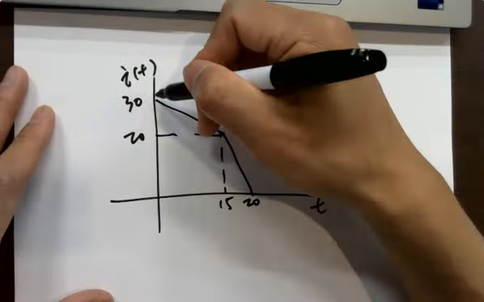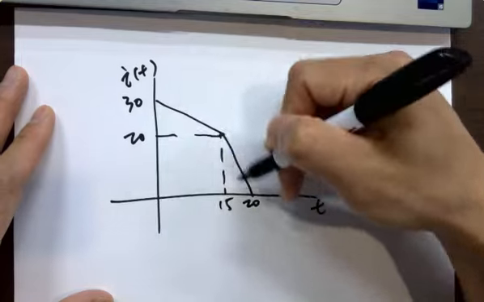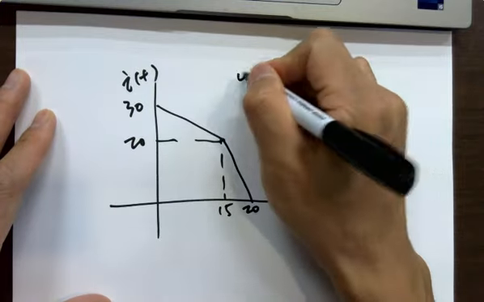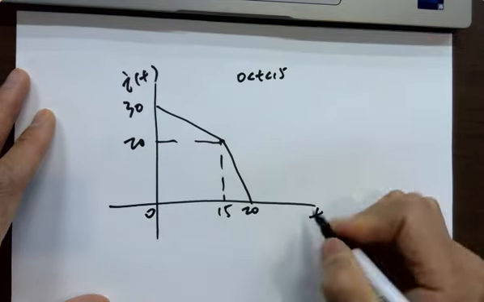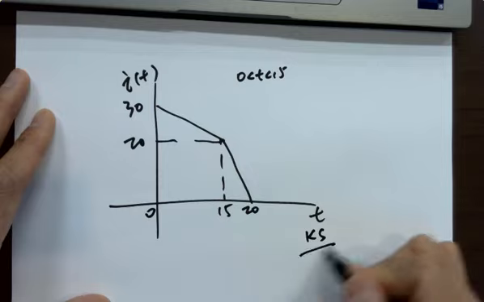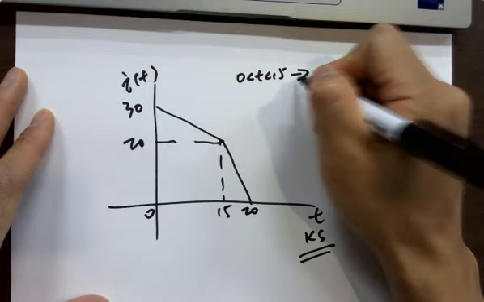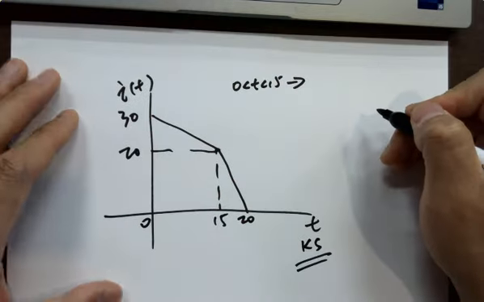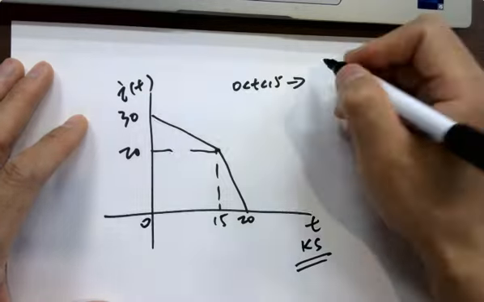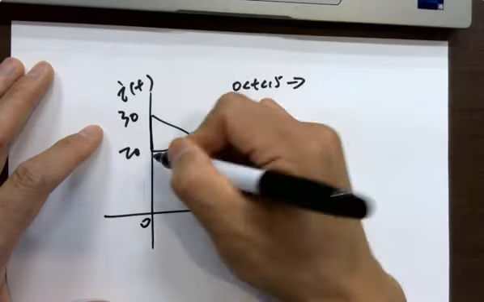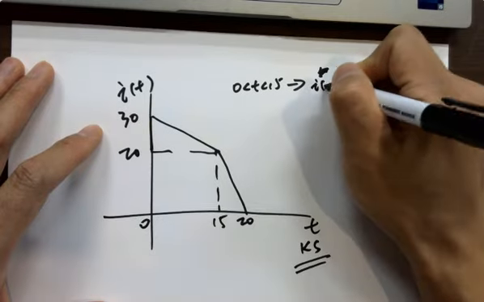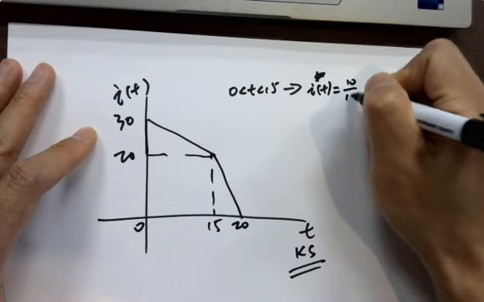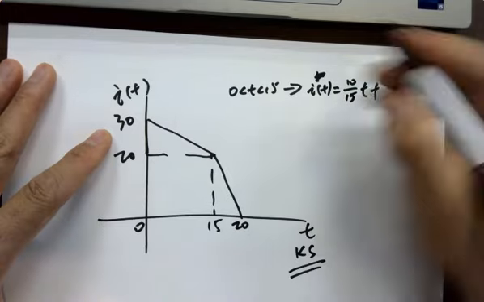How do we get a linear equation for here and here? So for here, for t from 0 to 15, that's kiloseconds, whatever the unit is, right? So what is the equation? The slope is 10 over 15, right? So it's going to be I(t) equals 10 over 15 t plus 30.